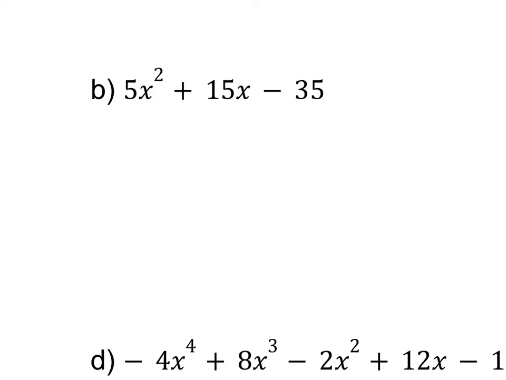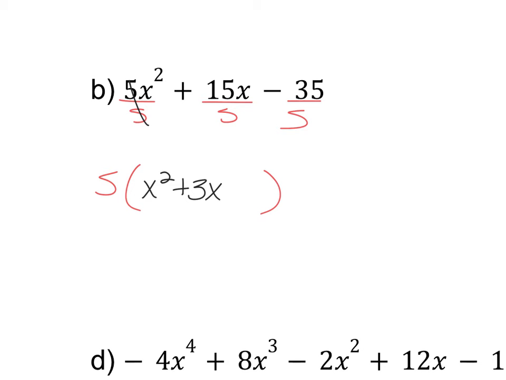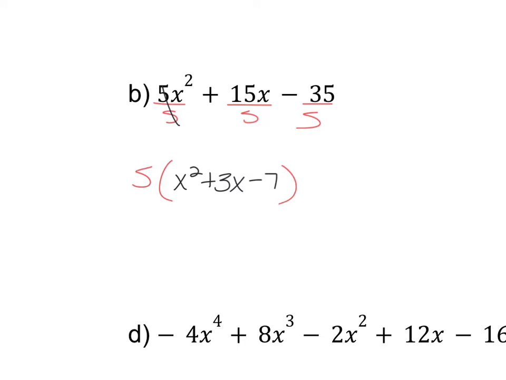So we're going to divide everything by 5. And so I have 5 parentheses, and now we just divide it. Those 5's cancel, and you get x squared. 5x divided by 5 is positive 3x. And negative 35 divided by 5 is negative 7. Okay.